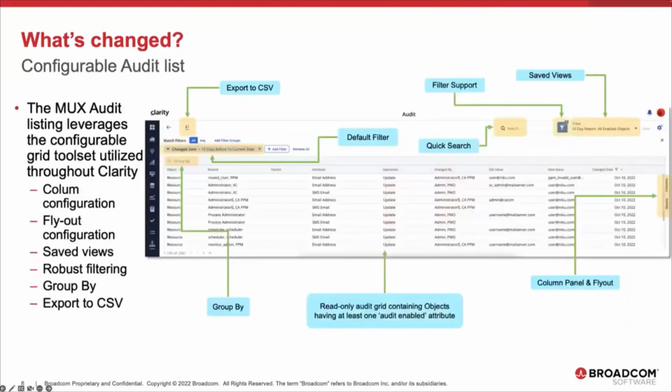Here we are taking a look at the Modern UX page, and it leverages the configurable grid toolset leveraged throughout Clarity. So users should be very familiar with column and flyout configuration, save views, robust filtering, group by, and export to CSV.